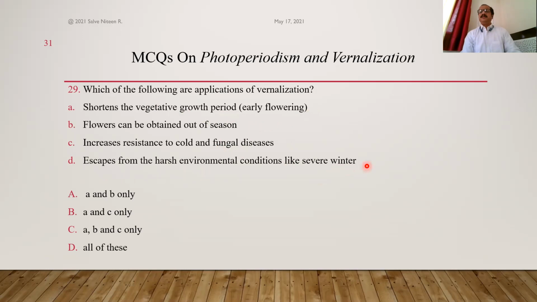That's why this phenomenon was discovered by the Russian scientist Lysenko, because in a country like Russia, the winter is very severe, especially in Siberia. Therefore, to avoid that, they discovered and practiced, and they are still practicing vernalization. So all of these are the applications of vernalization. D is the right answer.